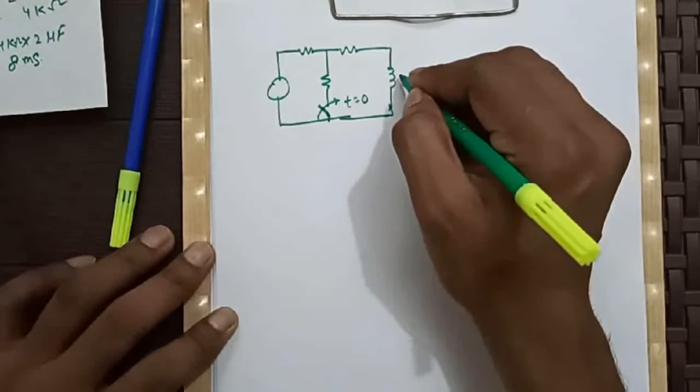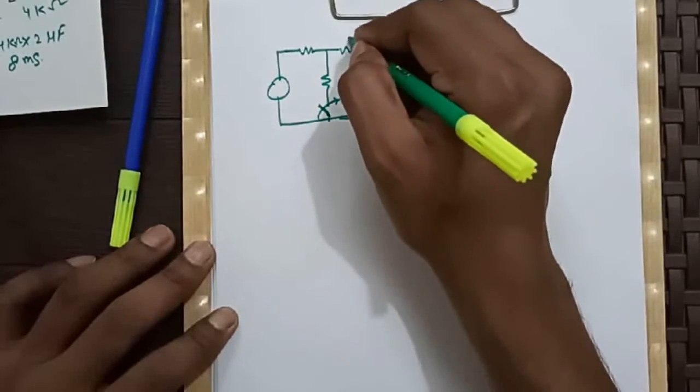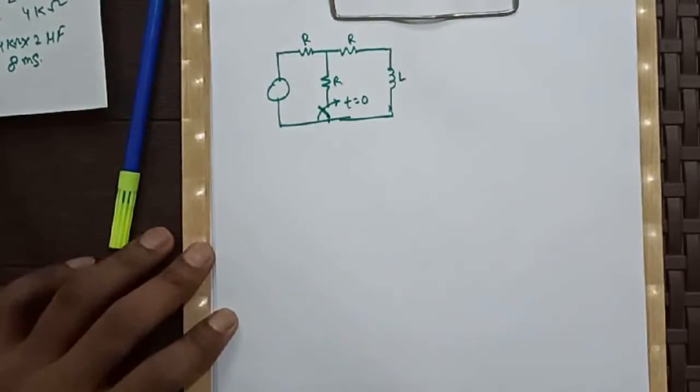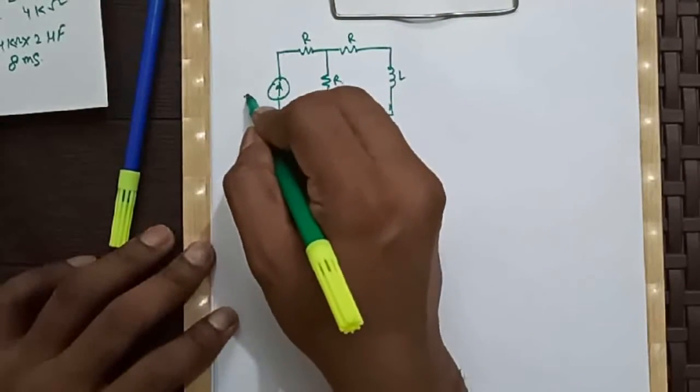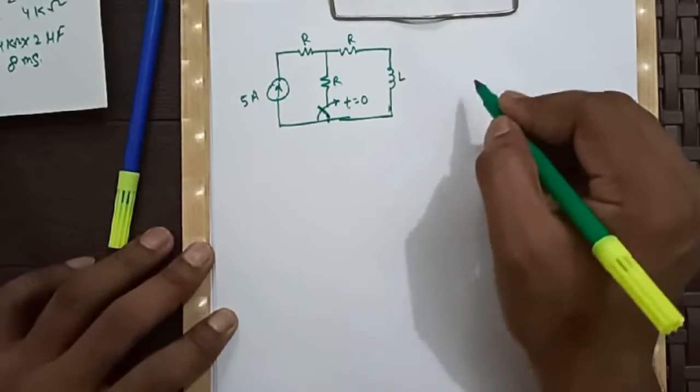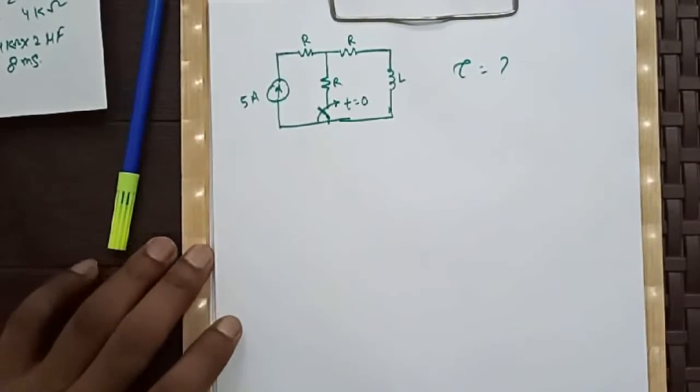Now see values, this is L, this is R, this is R, this is R, this is a current source of 5 ampere. Now what will be the time constant?